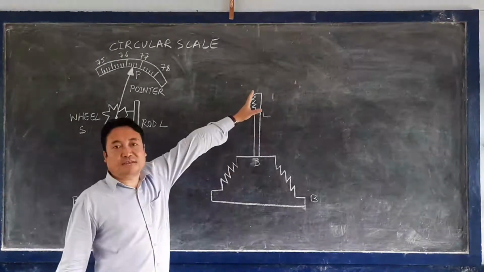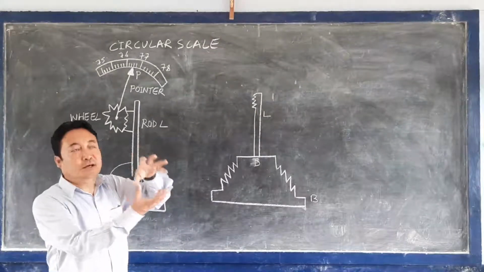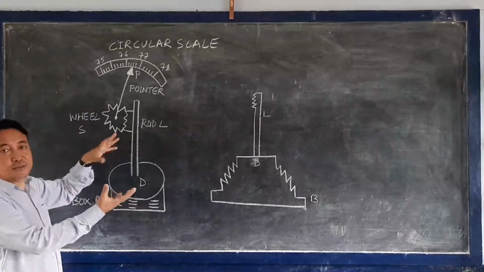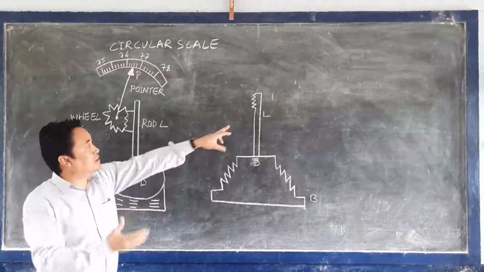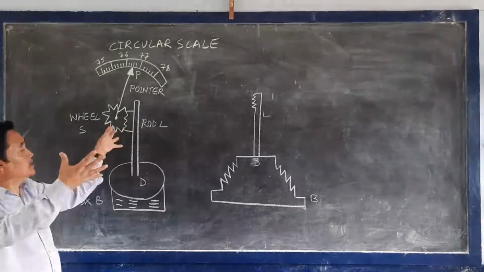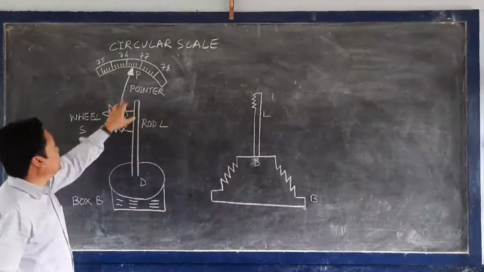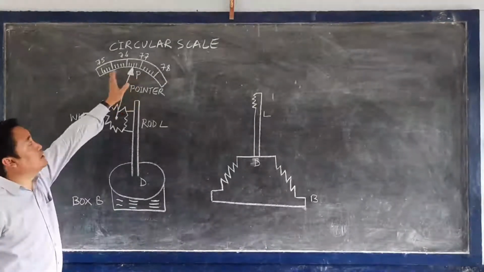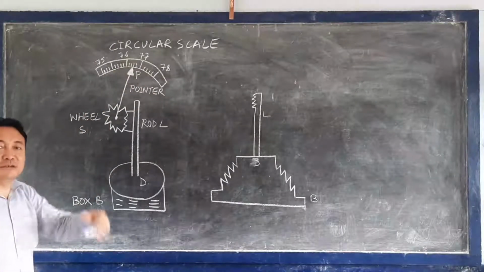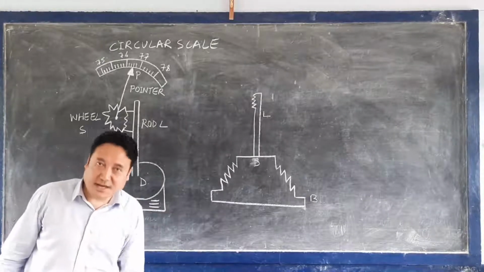On the diaphragm there is a thin toothed rod L, and the wheel S will fit to the teeth of this rod. On the wheel there is a pointer, and this pointer will move around a circular scale. And you can find the atmospheric pressure in terms of barometric height.